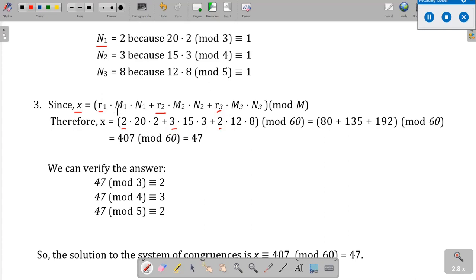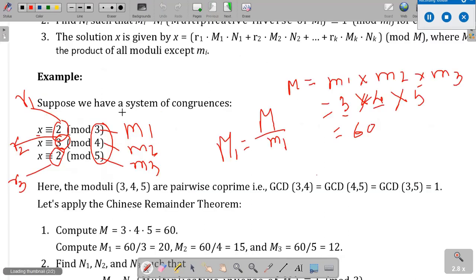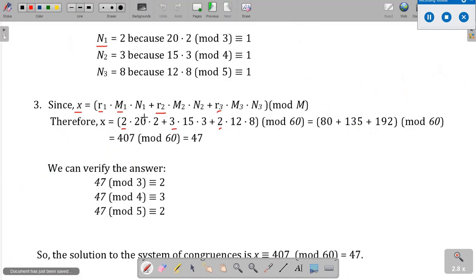And we have calculated M1 at this place. We have calculated M1, that is 20, M2 15 and M3 12. So we put the values of M1 is 20, M2 is 15 and M3 is 12.